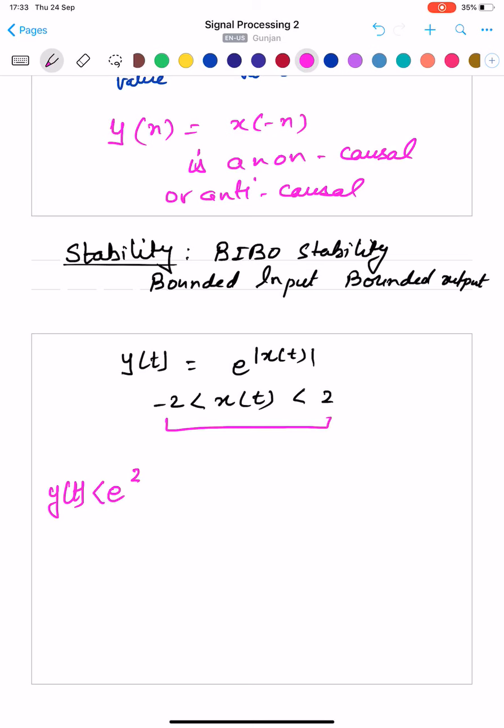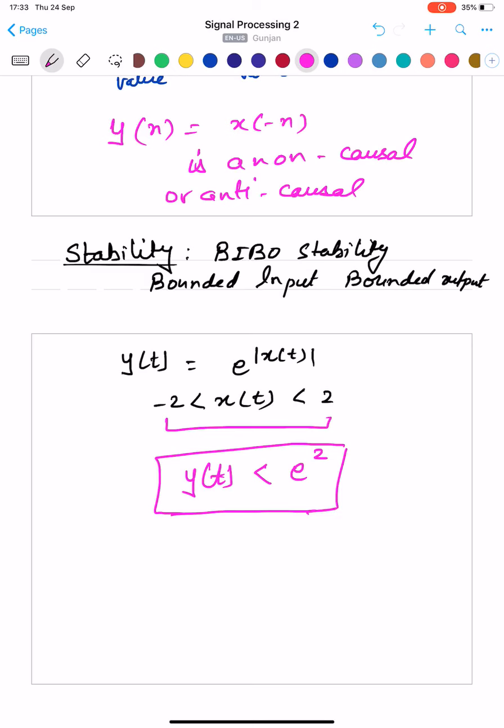So the output is restricted, and the reason is that the input is restricted between these values. So this is BIBO stability.